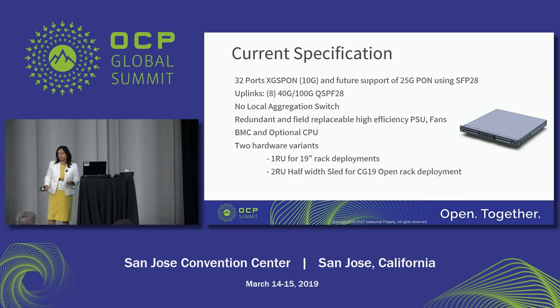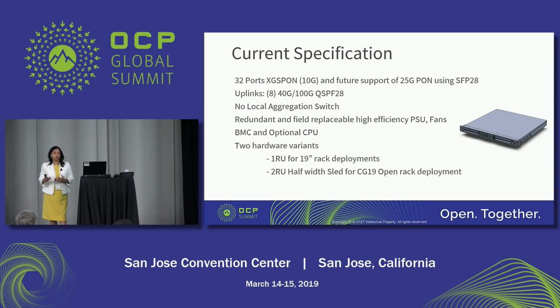This is more or less a form factor, and it's left to the operator how they plan to deploy. Typically, the more popular one is the 1RU 19-inch that goes on the 19-inch rack. That's what we have in the central office today. So if you're not doing a huge infrastructure upgrade, that fits well.